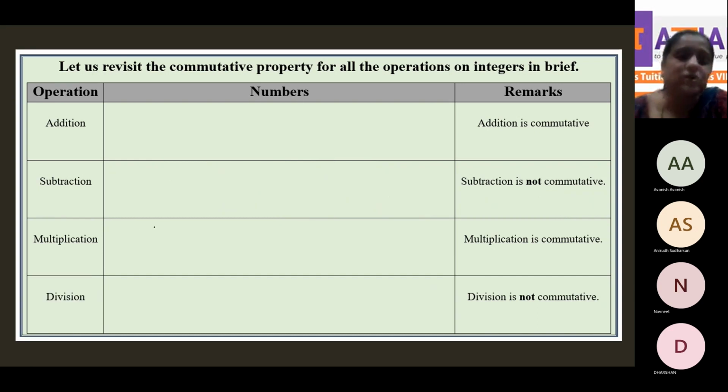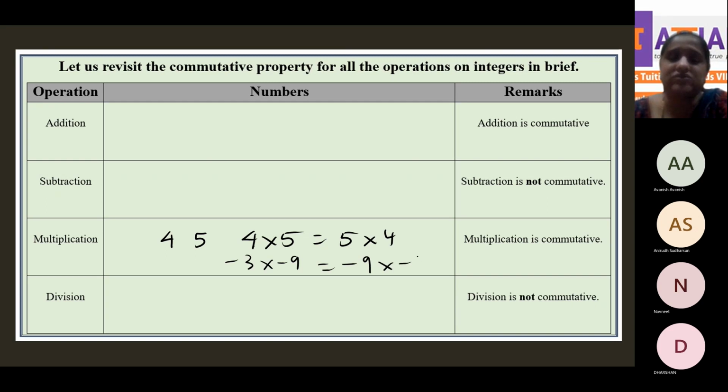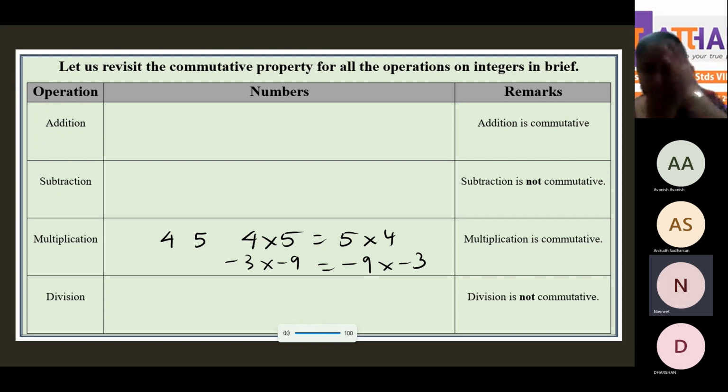Next, multiplication. When you take two integers, like 4 and 5, 4 into 5 is the same as 5 into 4. Or if you multiply minus 3 and minus 9, it will be the same as minus 9 into minus 3. Am I audible, children? Yes, ma'am.